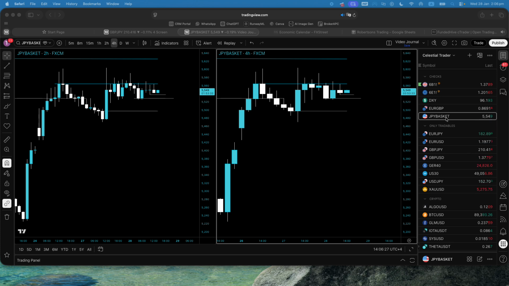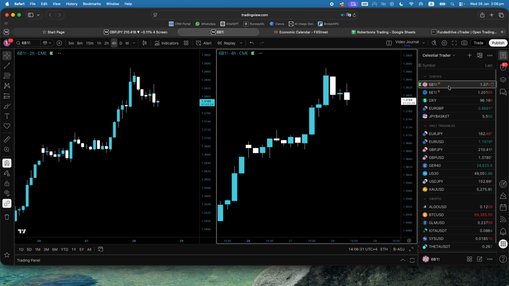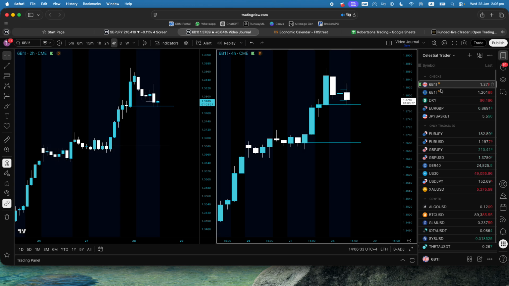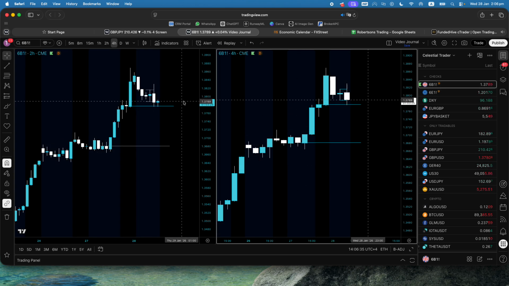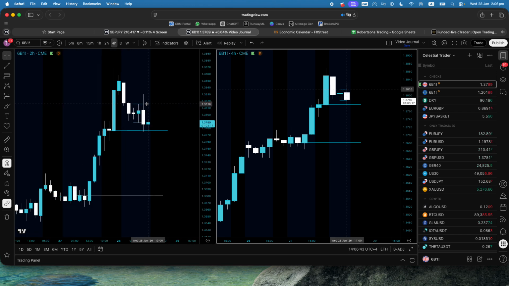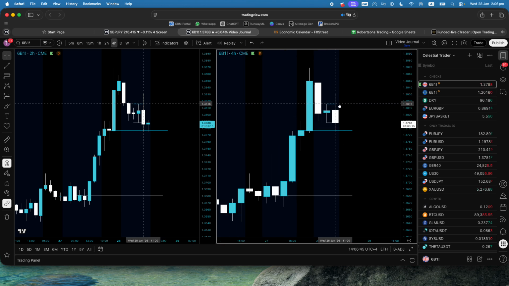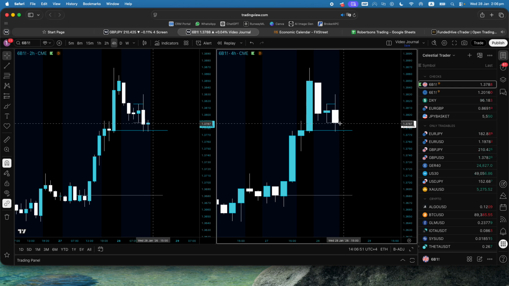We've gone through the JPY basket, we've gone through GBPJPY. The last thing we need to do is go through GBP futures. So again, what did I need from GBP futures? I needed reasoning and proof that potentially we are going to weaken. With the current 4-hour candle, we have tried to break higher, failed, and we have broken the low.